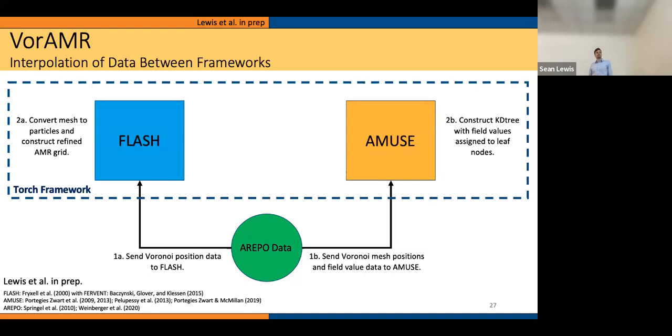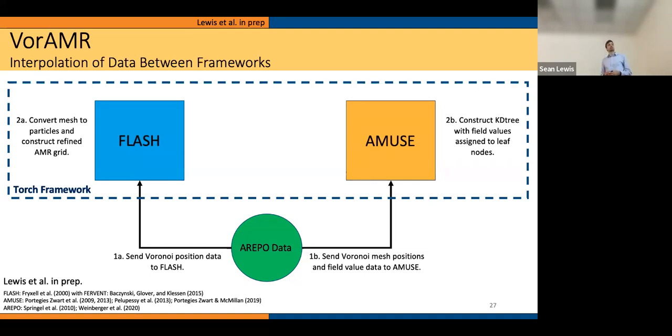So once I pass this Arepo data to Flash and Muse, I essentially ask Flash to look at the positional information of the Voronoi mesh of the Arepo data, and Flash constructs an AMR grid, so that refined Cartesian grid, that mimics as best as it can the structure of the distribution of the Arepo mesh generating particles.